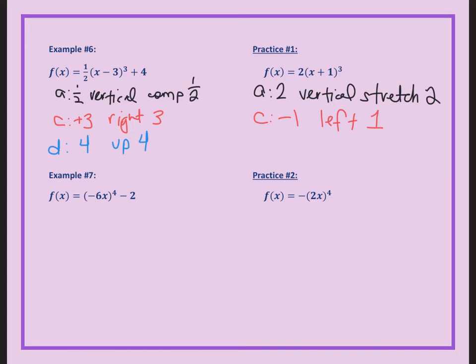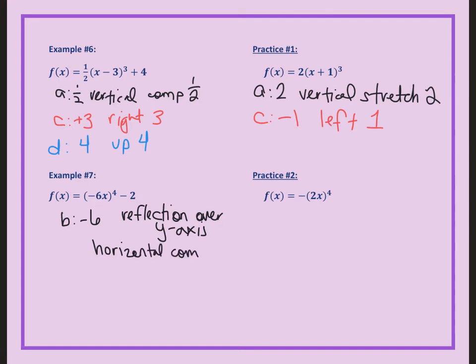That is a B value. So my B value is -6. So that negative causes a reflection over the y-axis. And then that 6 value is going to be a horizontal compression. Okay?